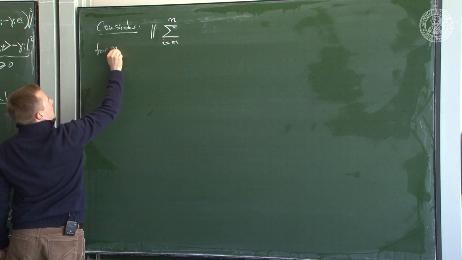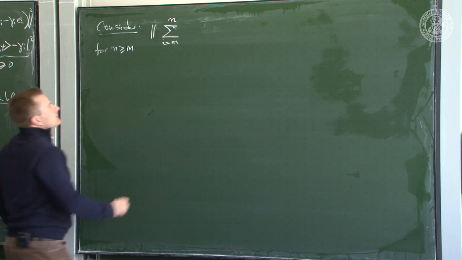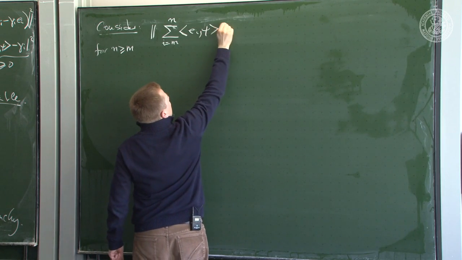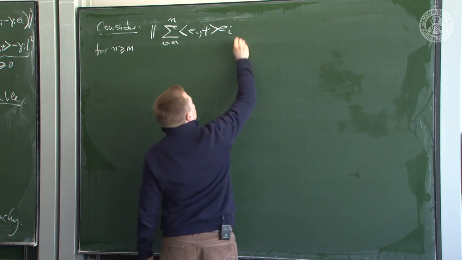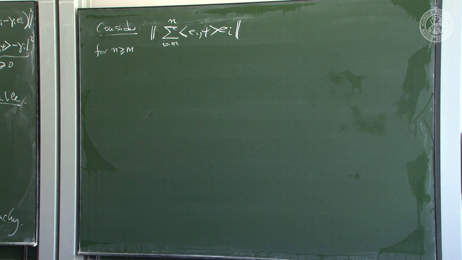So take n greater or equal to m and check what you know about this guy. What do we know about it, from what we already derived so far?